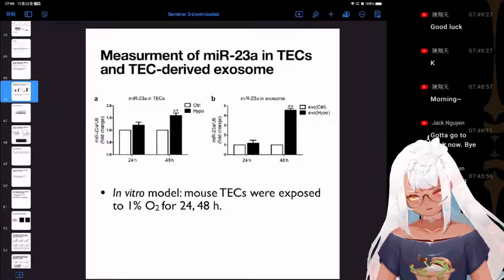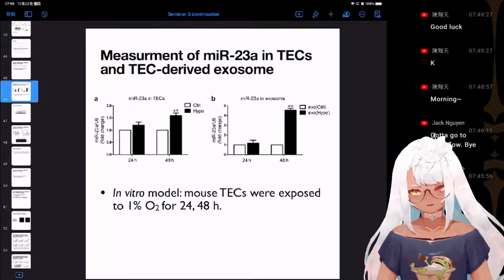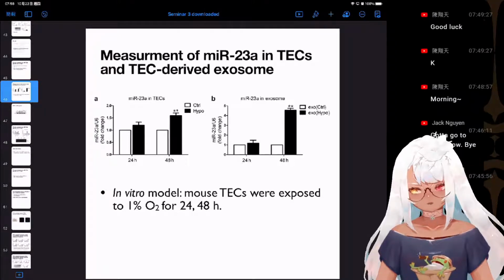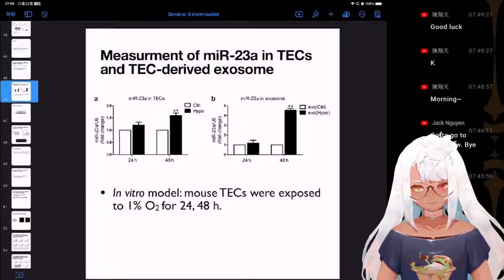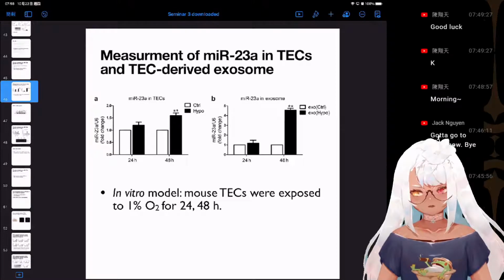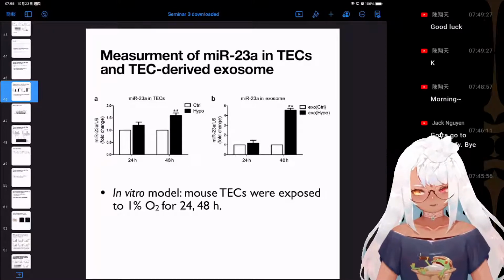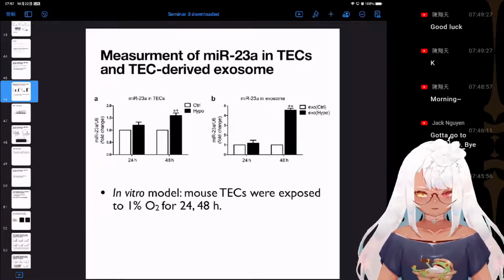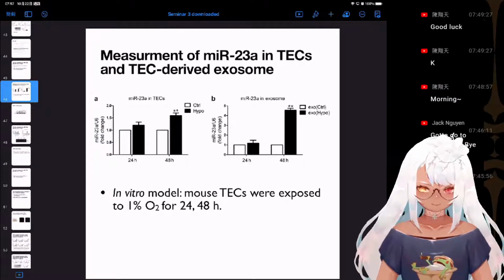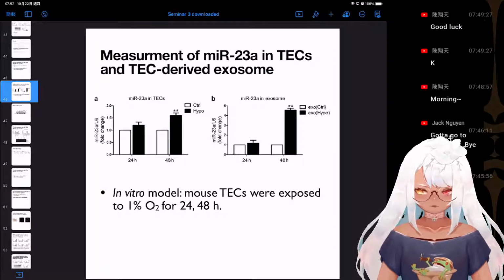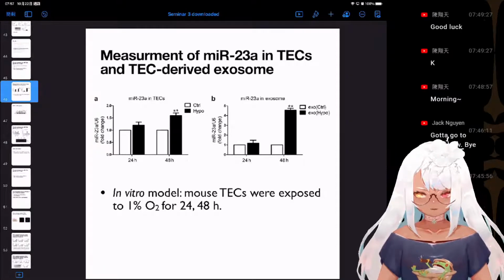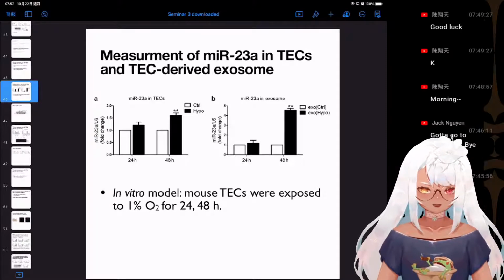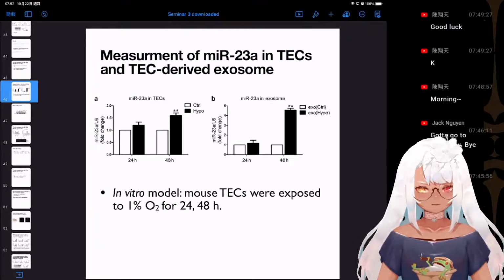This is the qPCR result. In 24 hours, compared to the control normoxia group, in the hypoxic group there is a very slight increase, and it's not significant.